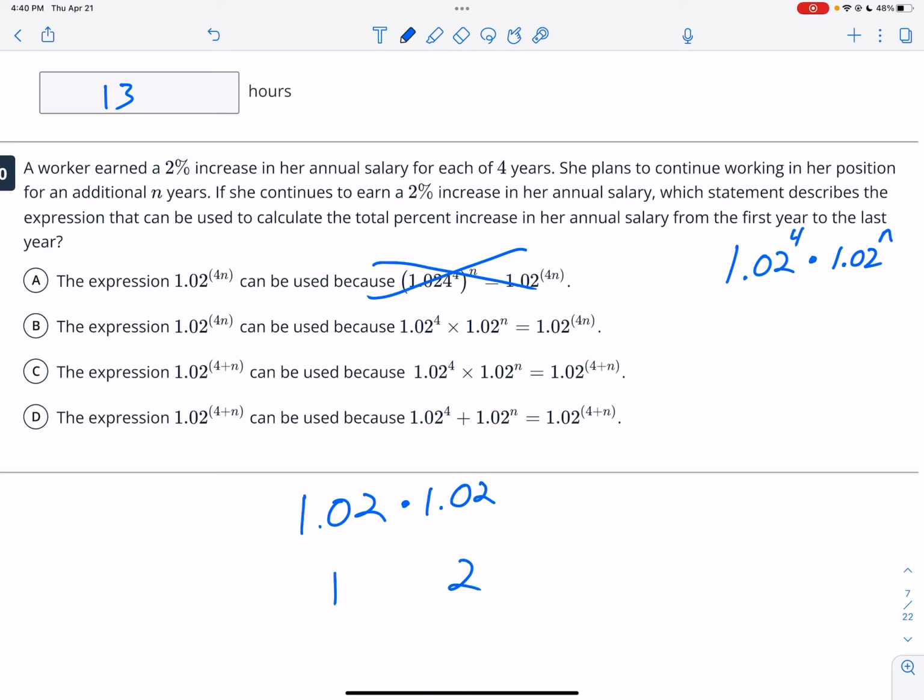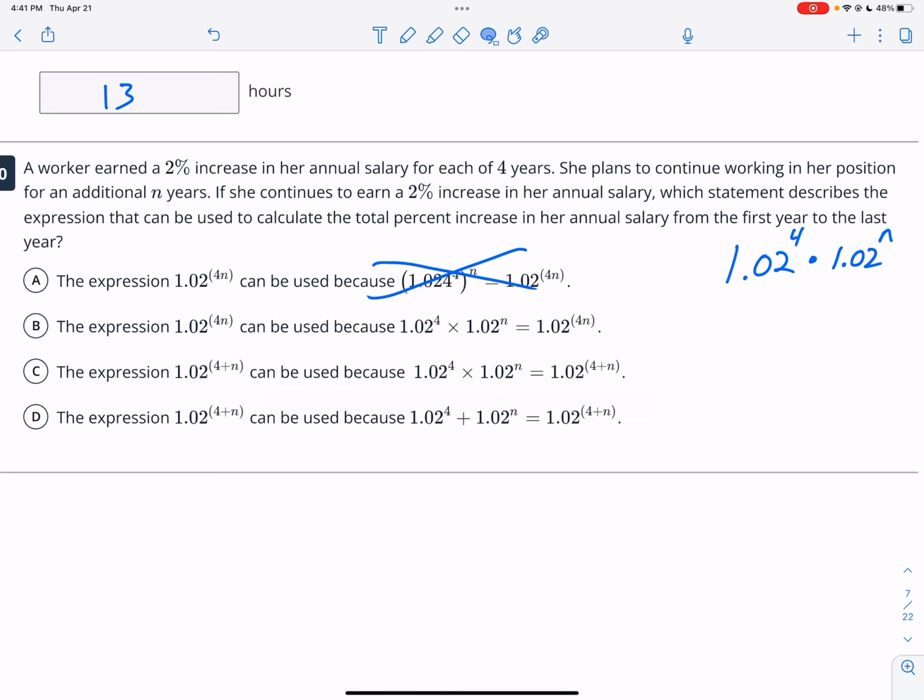Notice this is just 1.02 squared. And then notice every year we're going to keep multiplying by that increase. 1.02 is a 2% increase. That 0.02 means 2%. And this is your starting salary, always there. And so this is the third year. And that's where we're getting that to the 4.